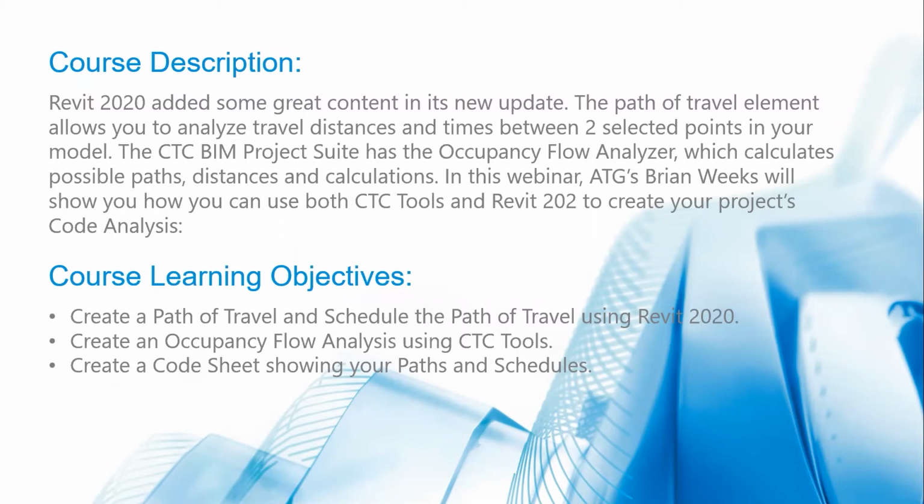In CTC BIM Project Suite, we have an Occupancy Flow Analyzer, which can also calculate the possible paths, distances, and calculations, and can do a little bit more than 2020, but 2020 is still a great tool to have in your arsenal. Adding the CTC tools will help with your projects and your project manager's code analysis, and speed up that workflow to save you some time.